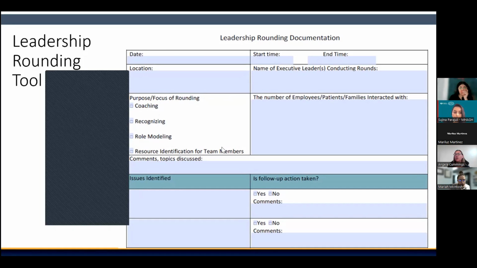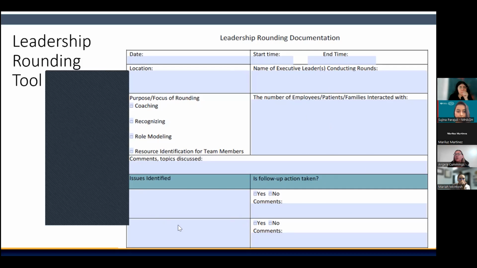By the time you have one of these rounding forms filled out each time, you'll be able to say, oh, when we do this, we're doing a lot of resource identification. We're doing a lot of coaching. But then also getting a count of the number of employees or patients or families that you're interacting with, basically what all is happening on that round.